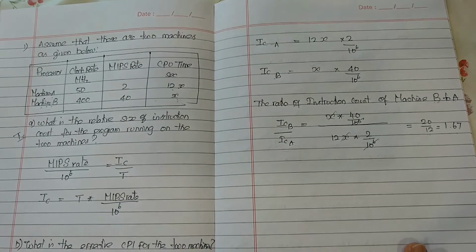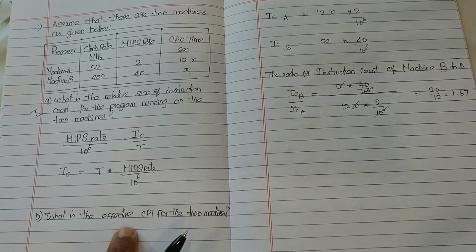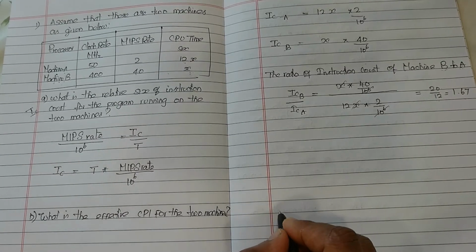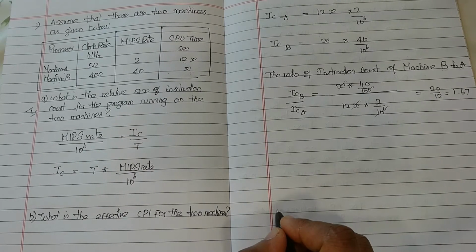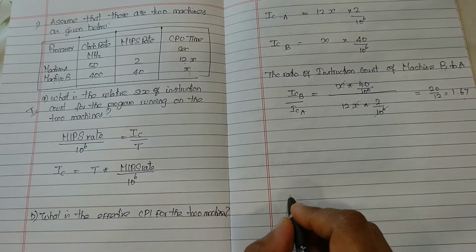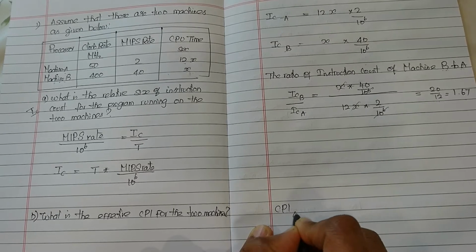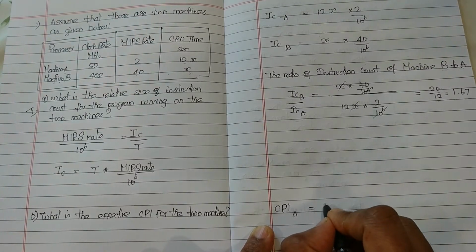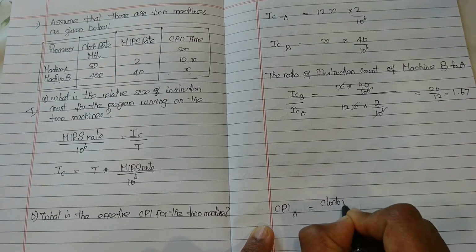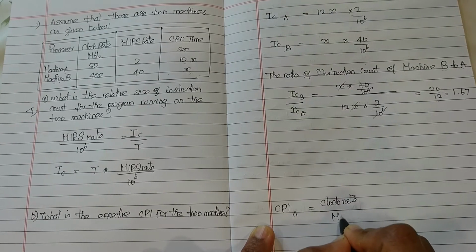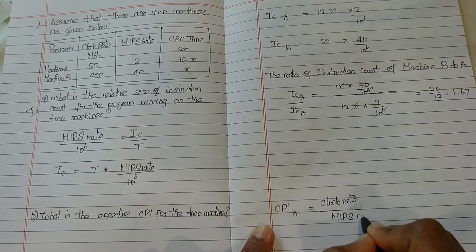Now let's move on to the next question: what is the effective CPI of the two machines? So let's calculate the CPI. CPI for machine A is equivalent to, how do you calculate it? Very simple. You have the clock rate divided by the MIPS rate.